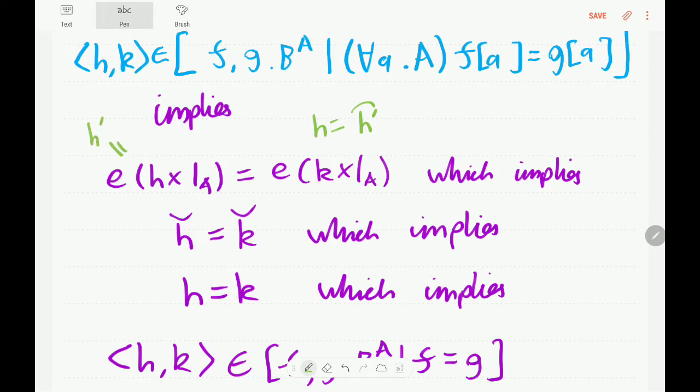Okay, so for that reason, I call this e after h times 1a the anti-transpose of h, because it has the property that if we get the anti-transpose of h and then we transpose it, we get h, okay.